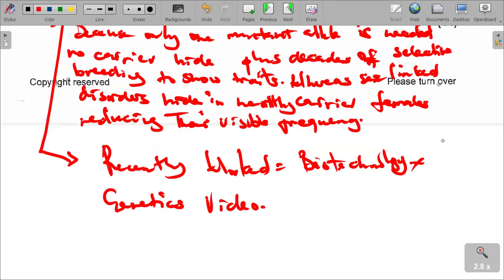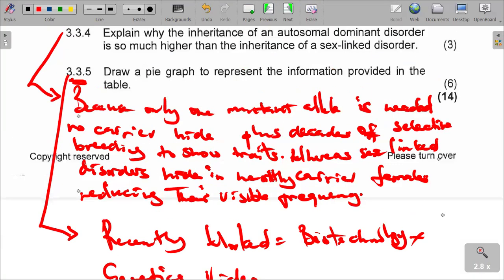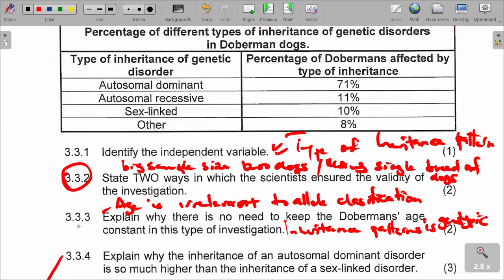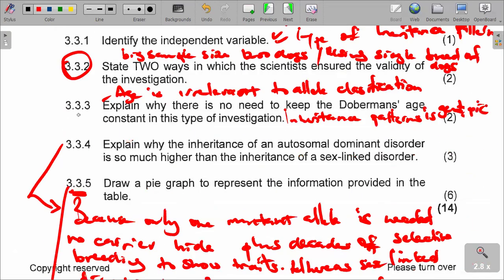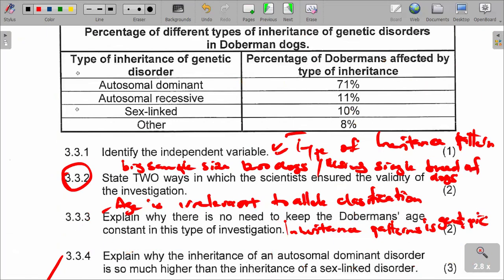We only need to understand that we need to convert the information given into degrees. The question says to draw a pie chart to represent the information provided in the table. In simple terms, you might draw using percentages, because here you know how big 71% is, how big 11% is, and each of them.